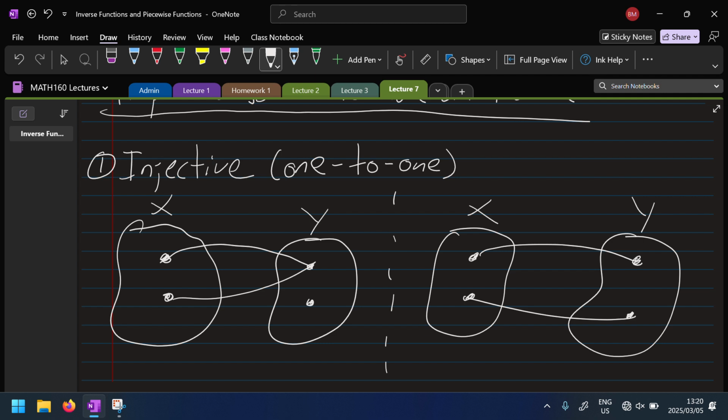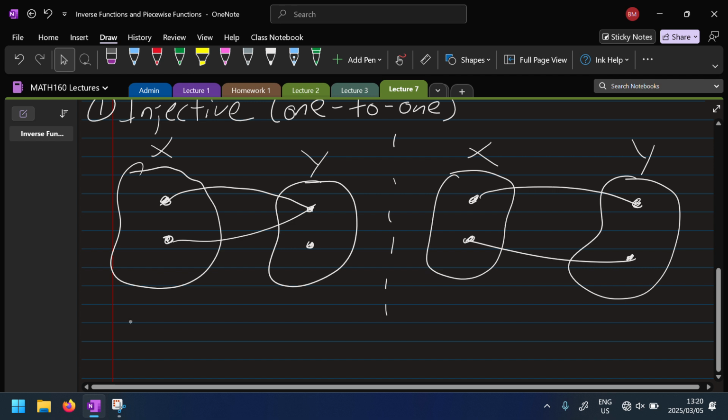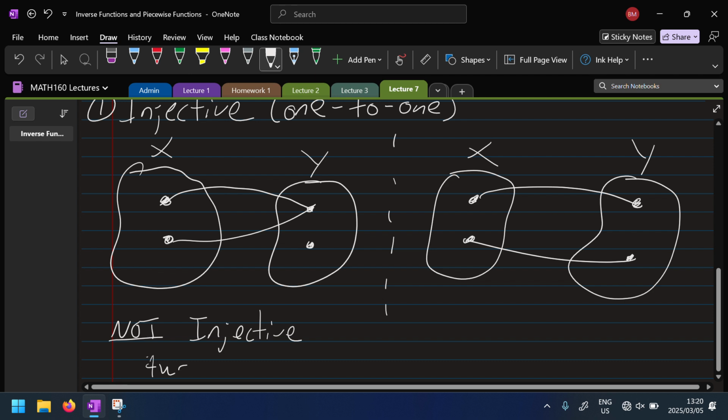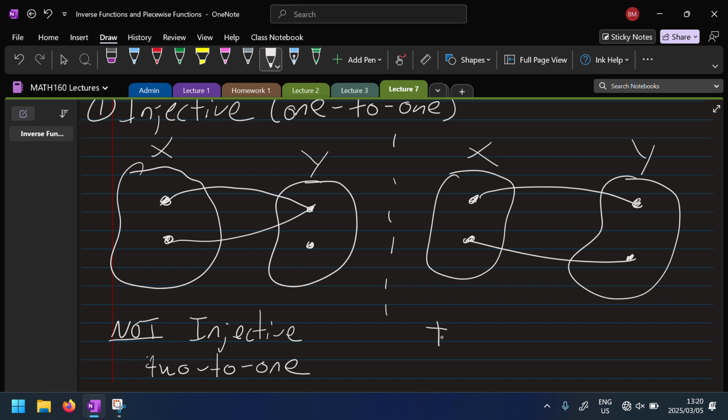We want it to be one to one. And then on the right, there's one to one and one to one. So this is injective. This first one is not injective, because it's two to one. The second one is injective.